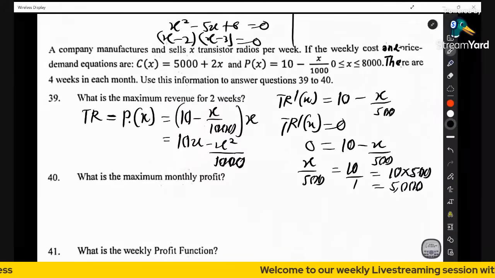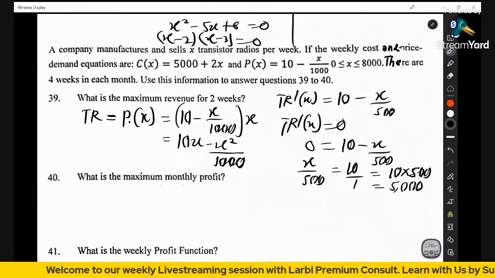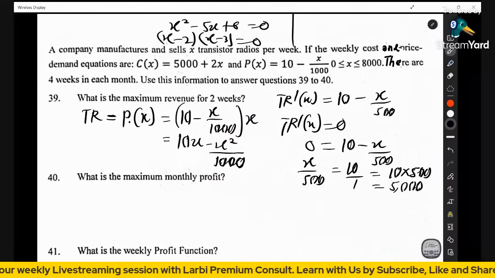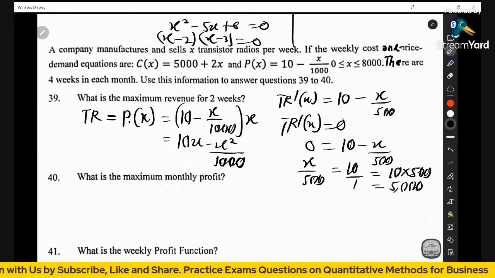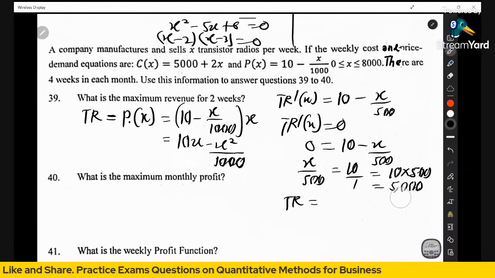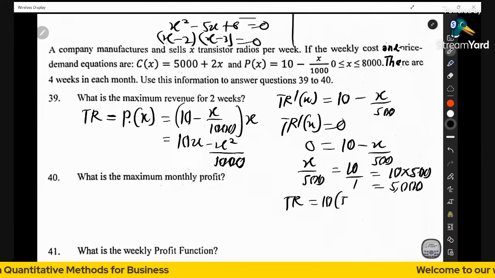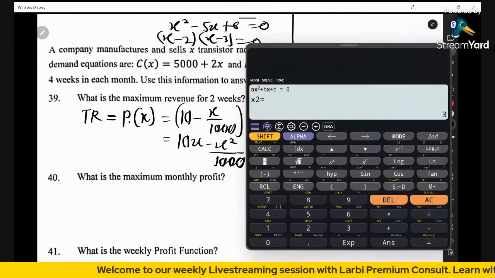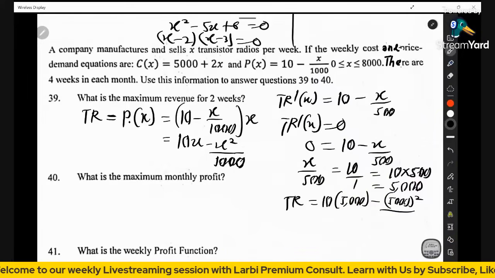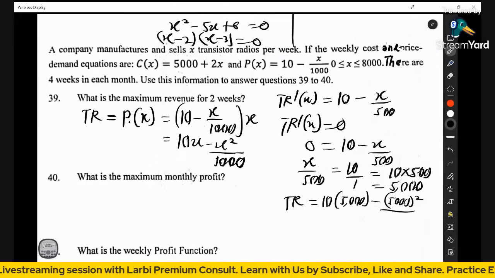For us to know our maximum revenue, once we get the value of x, our maximum revenue will come from the total revenue function, where we substitute the value of x, which is 5,000. Hope we get that. So we say that our total revenue at 5,000 output should be equal to 10 times 5,000, minus 5,000 squared divided by 1,000.